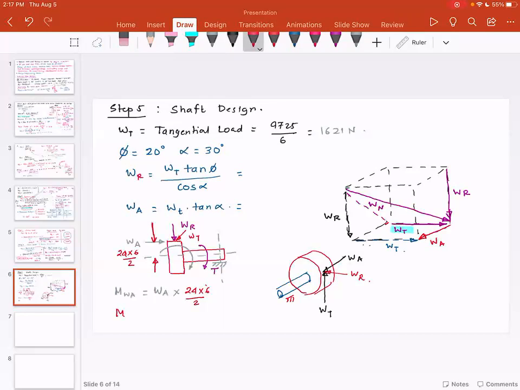Moment given by Wr. Here, this is the lever arm, which is Wr multiplied by 150.